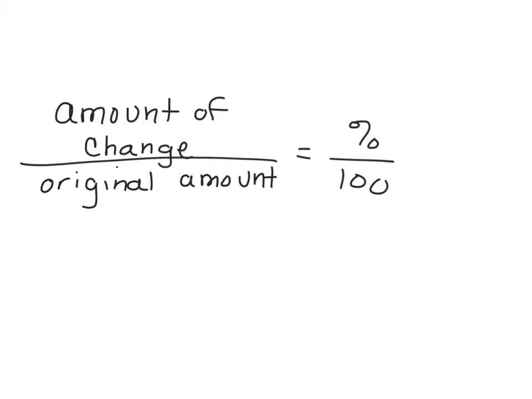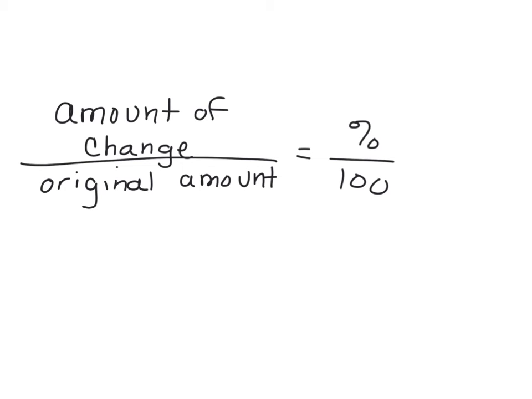And we're going to talk about one more kind of percent question, and that's a percent of change. Percent of change has an extra step here. We talk about the amount of change divided by the original amount equals percent over 100. We hear this a lot. There were 5% more voters in this year's election than there were in 2016.